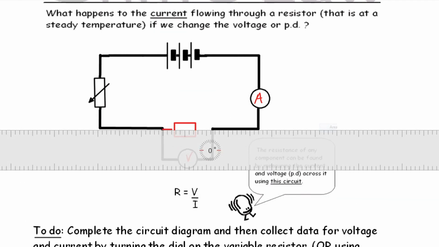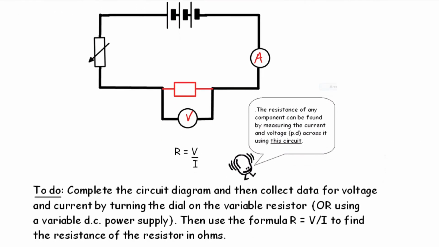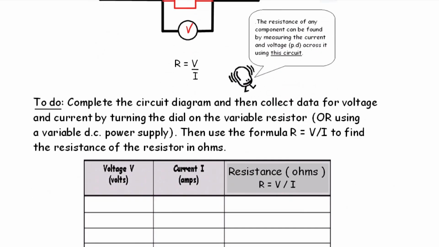We put in our wires to join the resistor to the rest of the circuit. So to complete the circuit diagram, and collect data for voltage and current by turning the dial on the variable resistor or using a variable DC power supply and using the formula to find the resistance of the resistor in ohms.